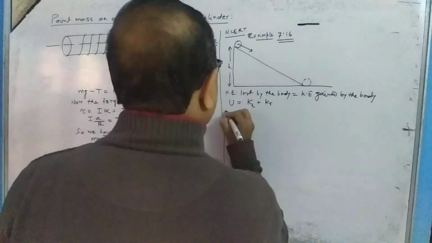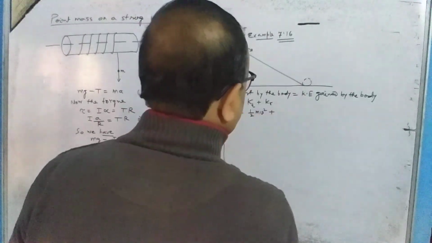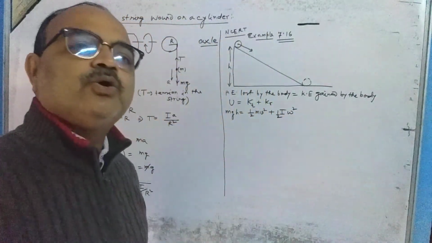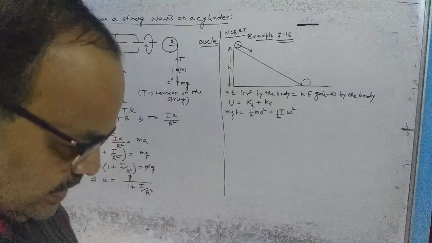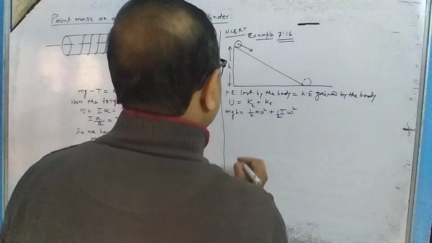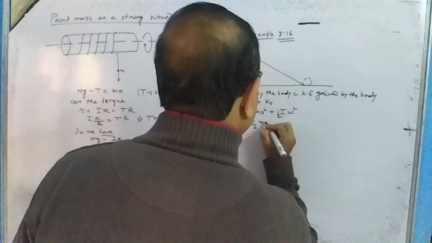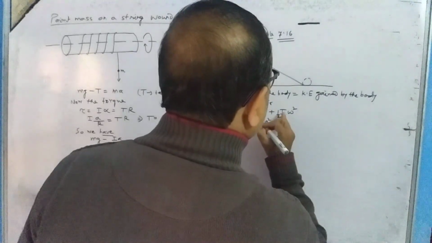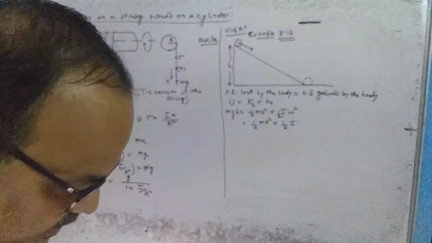So what can we write? mgh is equal to half mv square, that is the translational, and half I omega square is the rotational. Now what we shall do in this? We write half mv square plus half I omega square.